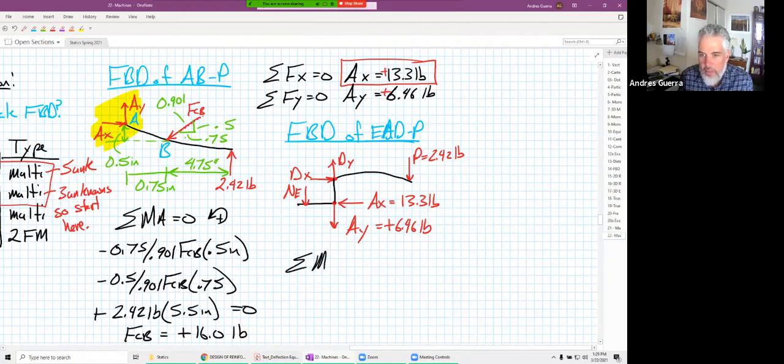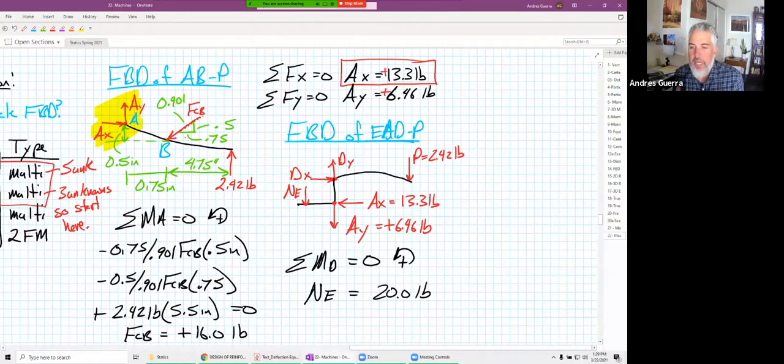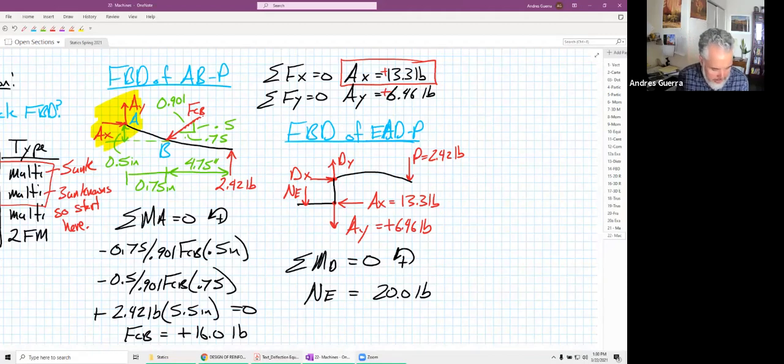If I sum moments about D, I'm not going to add the geometry and I'm not going to write out this equation, but I'm going to find the normal force here is equal to 20.0 pounds. The only step I'm skipping is actually writing out each expression for that equation. All we have to do is take the moment about D. Everything else is known, so we can solve for the normal force at E, and we get exactly 20.0 pounds.